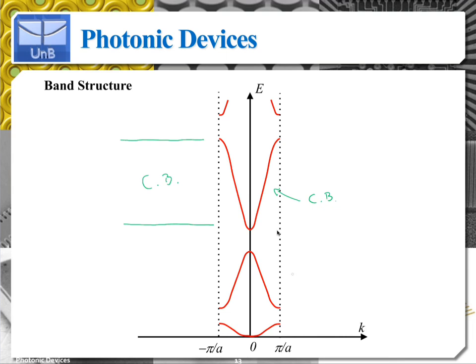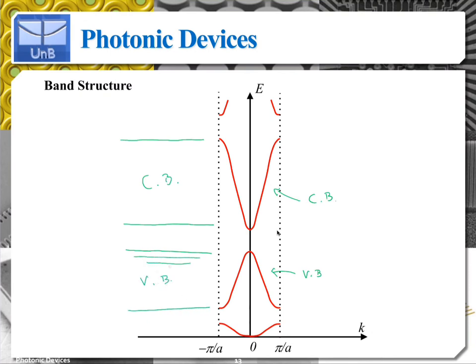That would mean that this band right here would be the valence band and would be the highest one, which is completely filled, right? This one is the lowest one that's completely empty. This would need to be the highest one, which is completely filled, and therefore it would be the valence band.